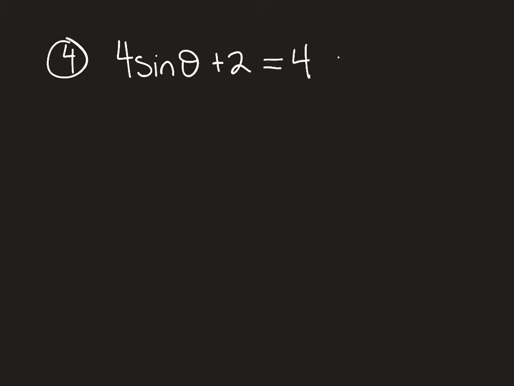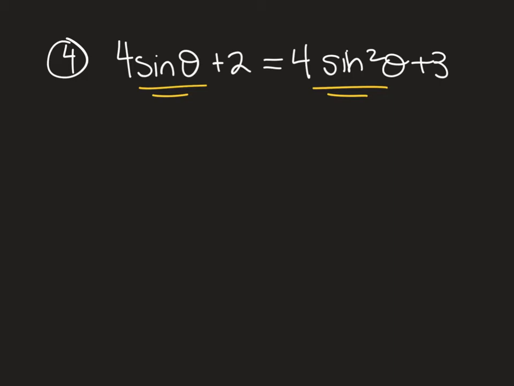Okay, I'm going to do another one. So let's try number 4. So I have 4 sine theta plus 2 equals 4 sine squared theta plus 3. This is definitely a quadratic, and I know that because I have a trig function squared, and I have the same trig function not squared, so this screams quadratic.